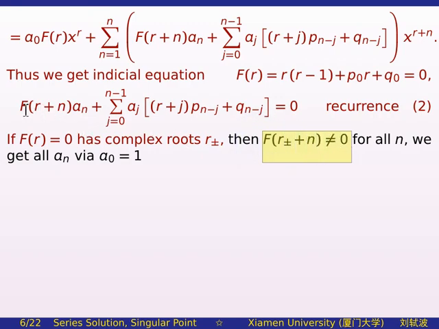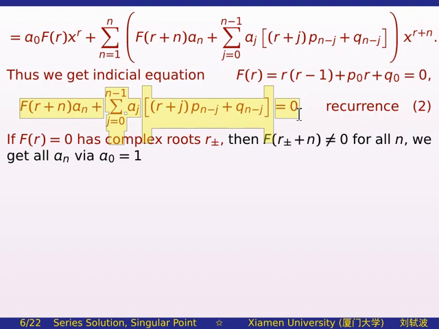So in this recurrence relation, we take r equal to r plus. Since the coefficient of a_n is not 0, and a_n can be expressed using a0, a1, a2 until a_(n-1) using this recurrence equation, therefore a_n equals this summation from 0 to n minus 1 divided by a non-zero number, capital F of r plus n.